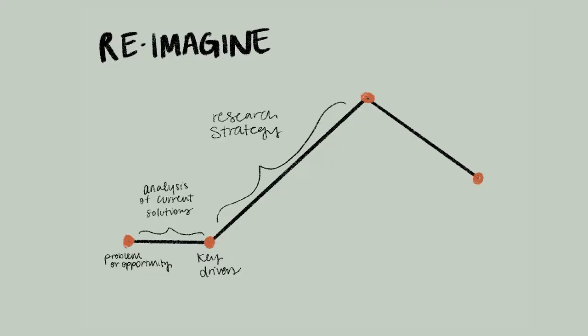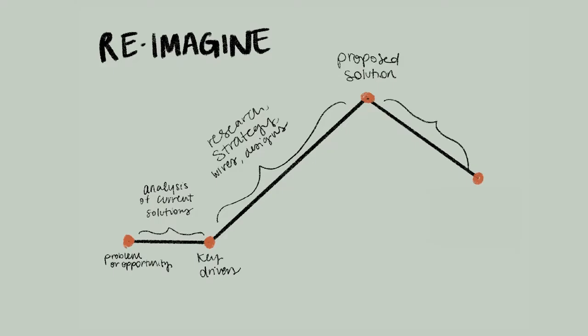Leading up to this new solution, you might outline research, your strategy, include some wireframes and designs. The climax here, of course, is the new proposed solution. Then you might want to show the reactions that people had to this new solution or test results you got from it. And lastly, since this is just reimagining and it's only a proposed solution, you might wrap up with next steps, takeaways, or a summary, since this likely isn't the end of the road for this project.